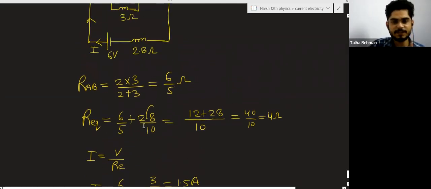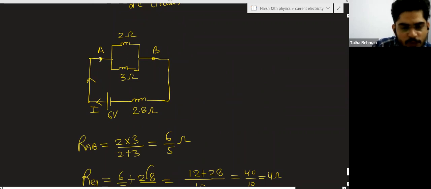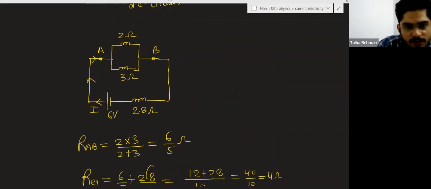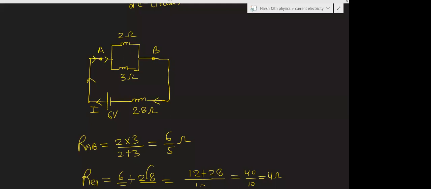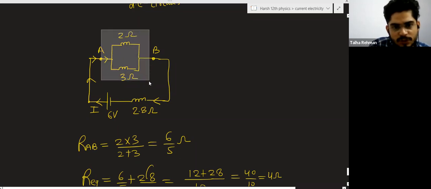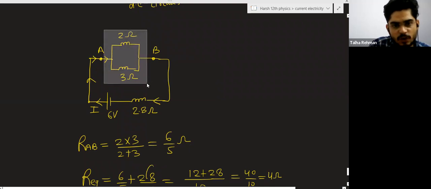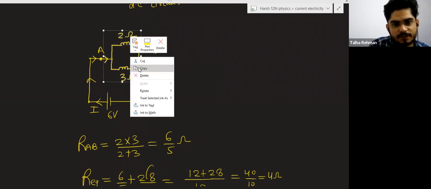So now let's see. This 1.5 ampere current will flow here also. This 1.5 ampere current will flow through this resistance also, and through this whole circuit.